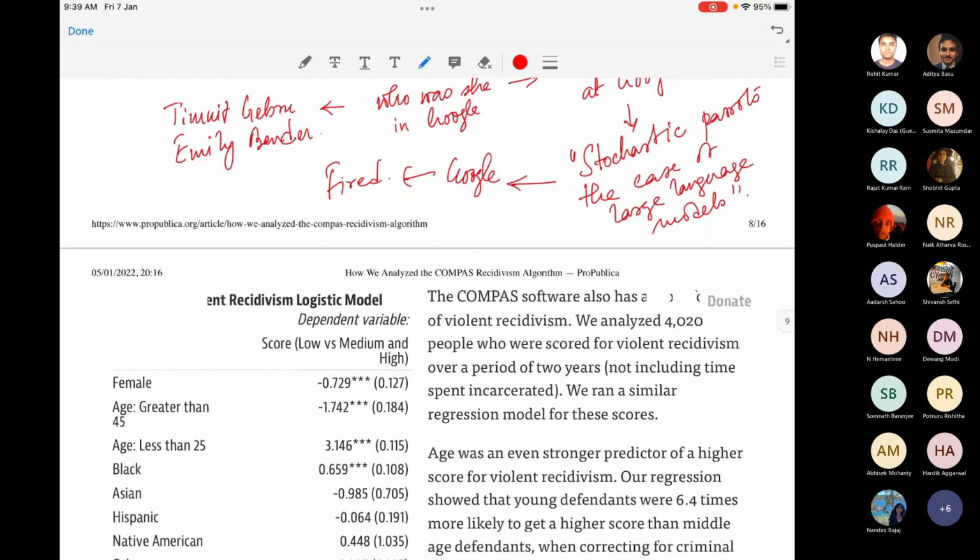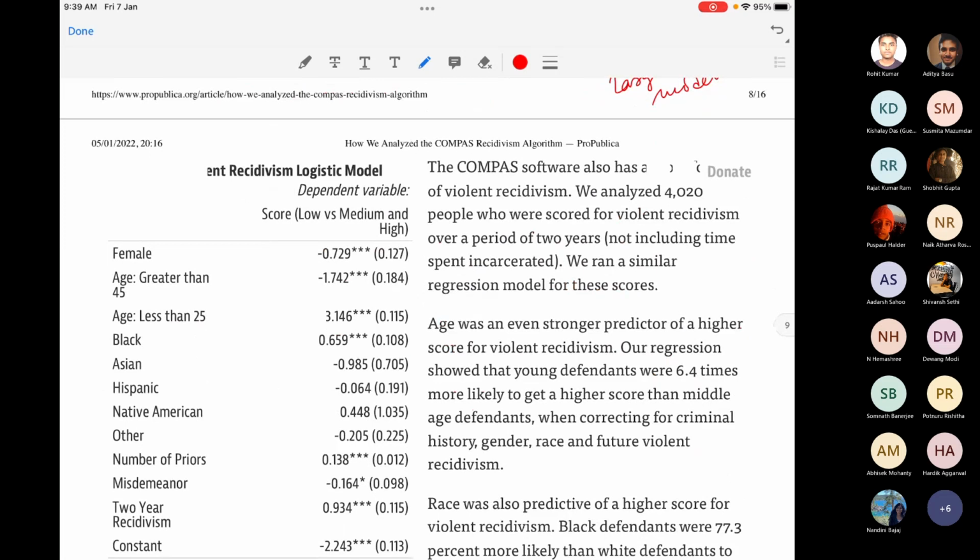Anyway, next, the authors did a similar experiment with the subset of data consisting of the risk of violent recidivism, and there also they found very similar results. The age was the most predictive factor.